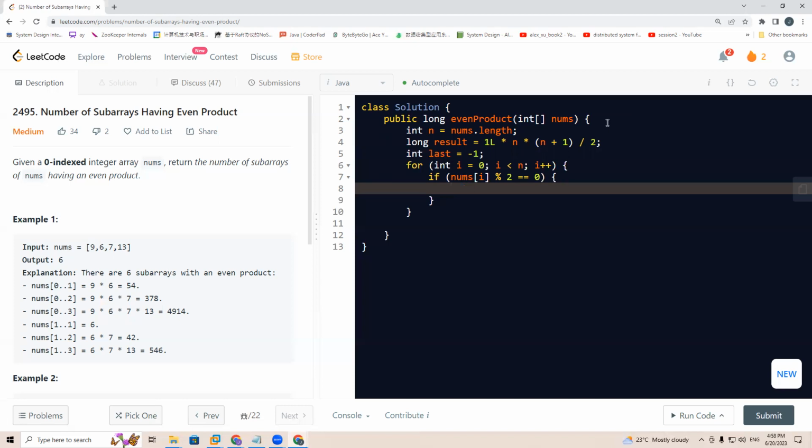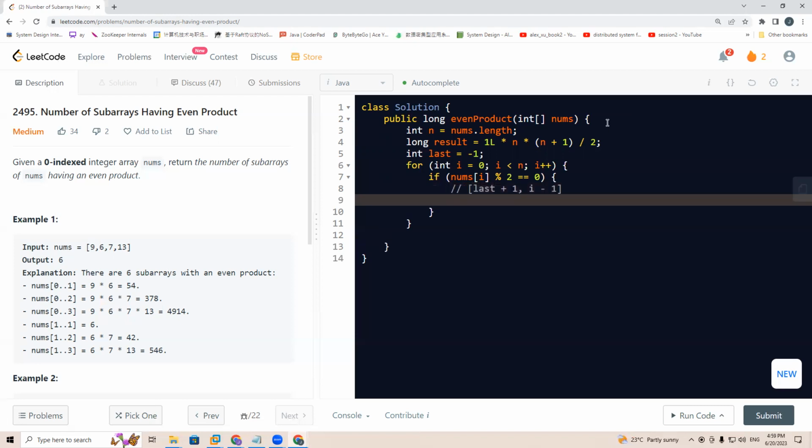So that range is from last plus 1 to i minus 1, right? So it's this range. So we'll say count equals i minus 1 minus (last plus 1) plus 1, right?